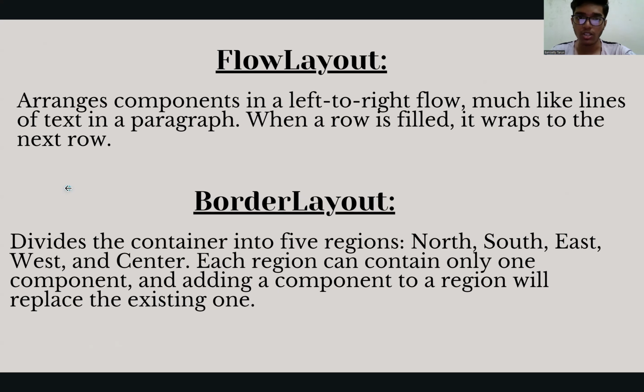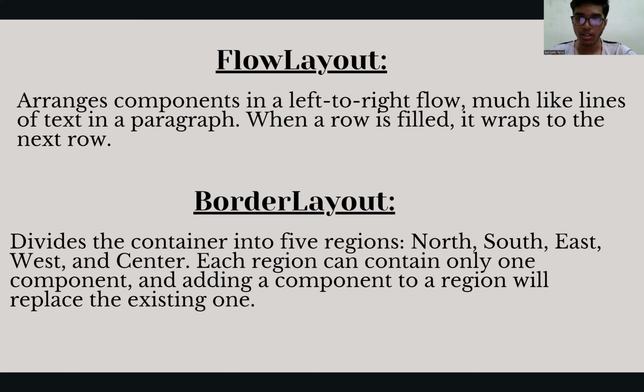The next layout is border layout. Border layout divides the container, like a JPanel or JFrame, into five regions: north, south, east, west, and center. Each region can contain only one component.